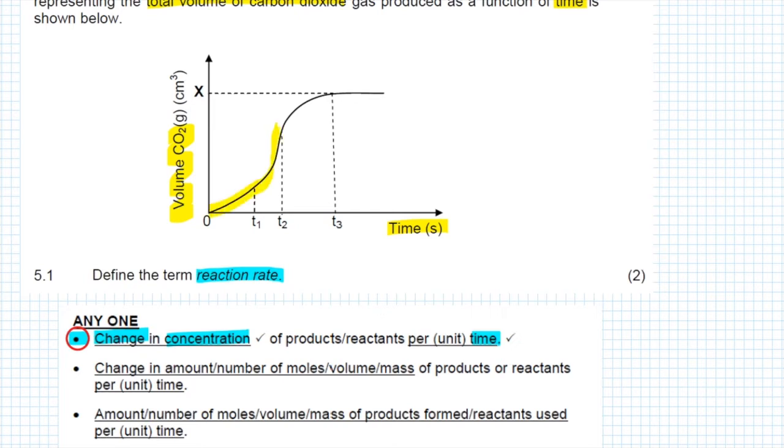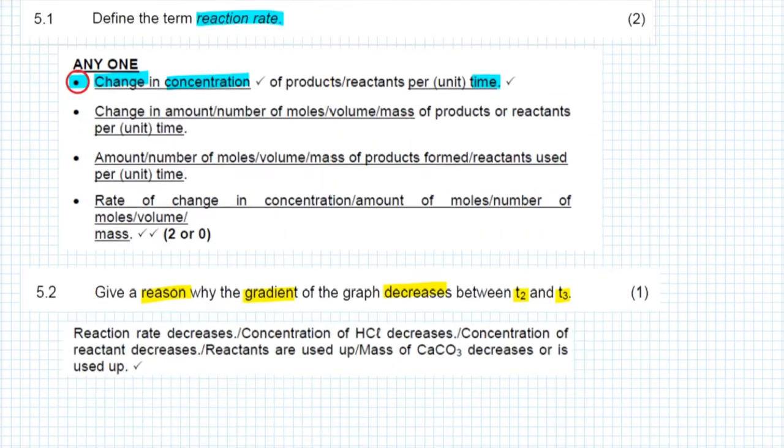But between time 2 and time 3, we see that the gradient becomes less steep. What is happening is that as time goes by, the amount of carbon dioxide that is being produced decreases. And this is, of course, because the reactants are being used up. The concentration of the reactants is decreasing, and therefore the rate at which carbon dioxide is produced is decreasing.